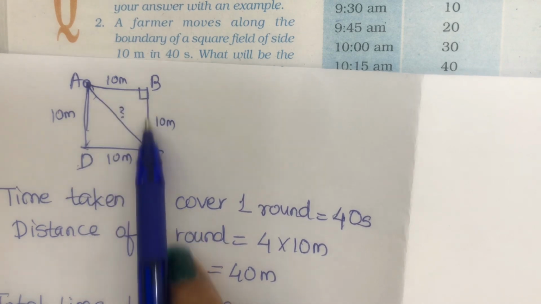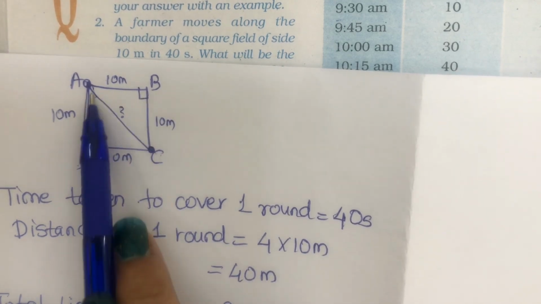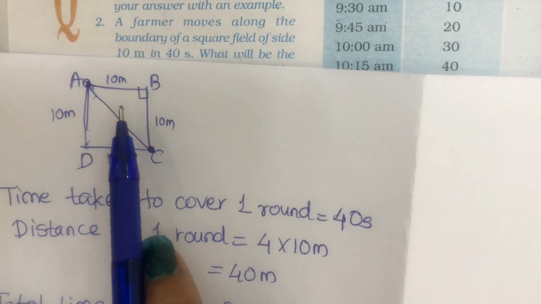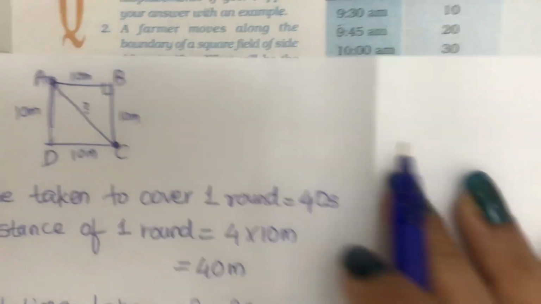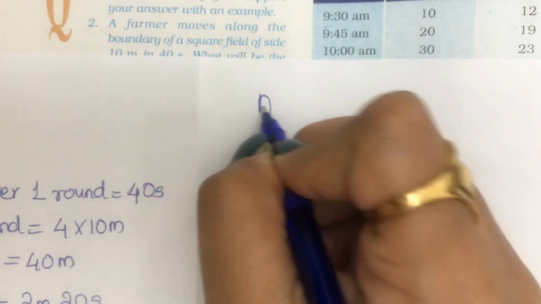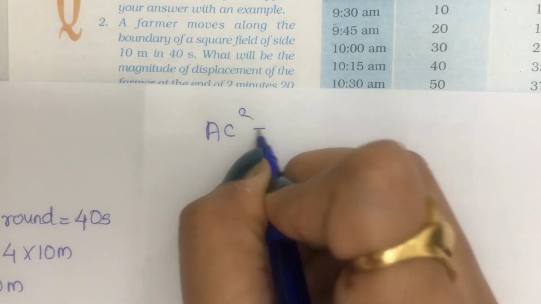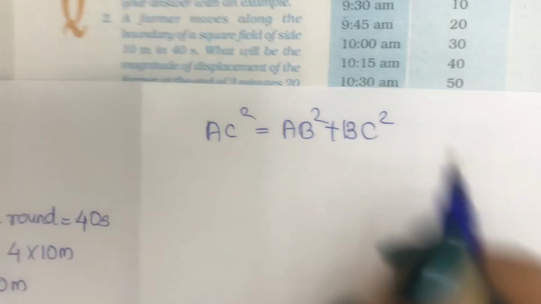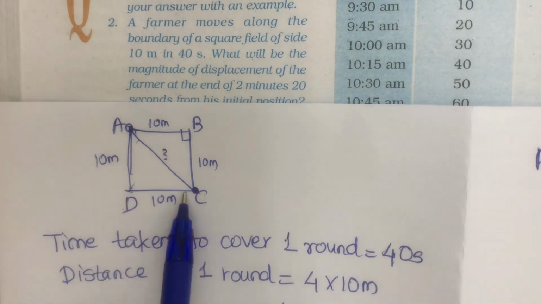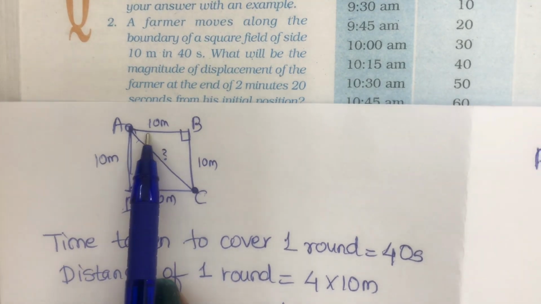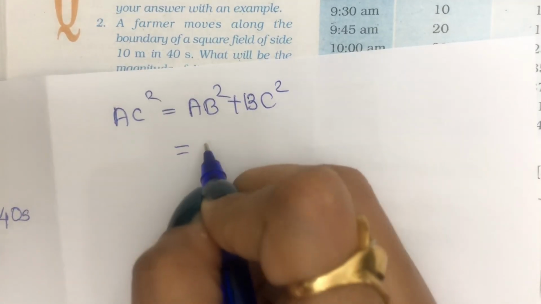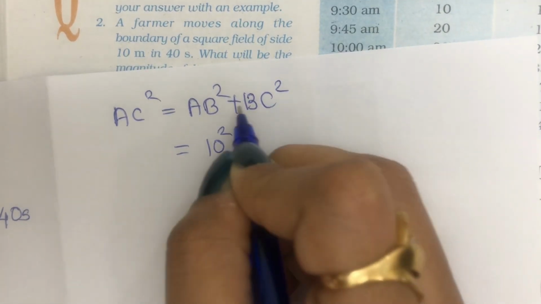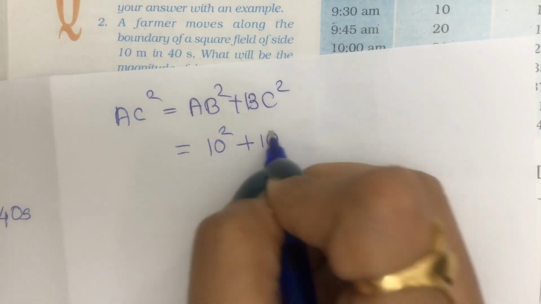So this will be a right triangle and this will be the hypotenuse. So here I have to find the hypotenuse. So here AC square is AB square plus BC square. We have AB and BC, so we can find AC. So we'll substitute. AB square is 10 square and BC square is 10 square.